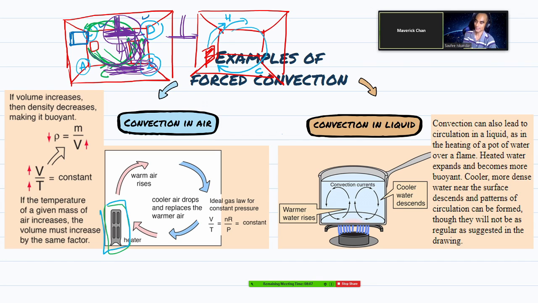Unless the fan is sucking air up to the upper side of the room, it will be a different story, right? But the fan is actually pushing the colder air downwards. It doesn't have a cycle inside the room.